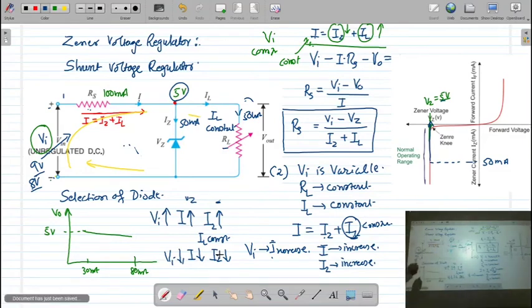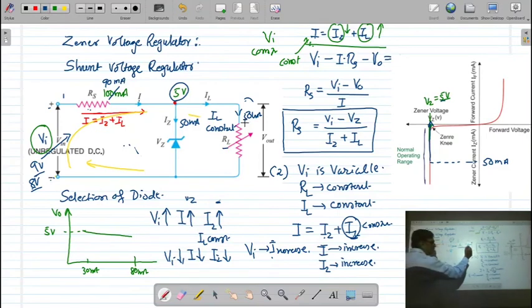So now let us say when the input voltage is 8 volt, this 100 milliampere current is reduced to 90 milliampere. But here the 50 milliampere is constant, so the current in the zener will be 40 milliampere.